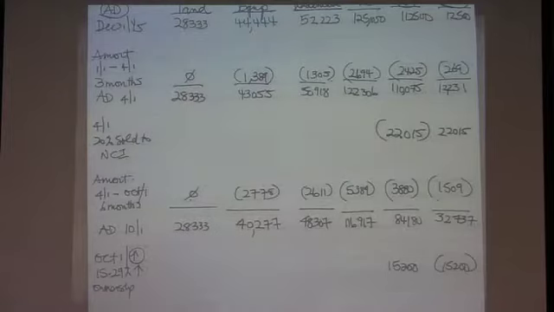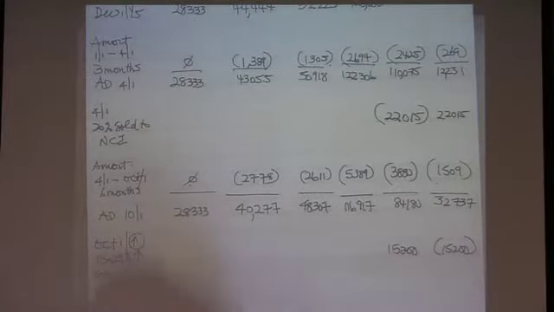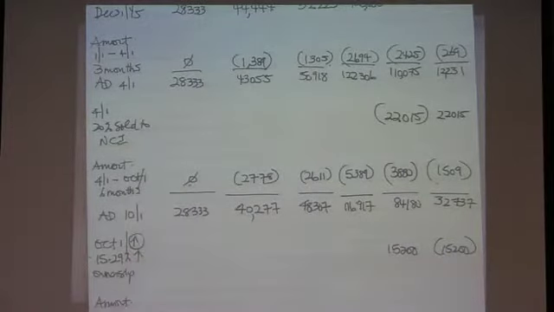Now we're going to amortize the AD for the rest of the year, which is October, November, December, so 3 months.